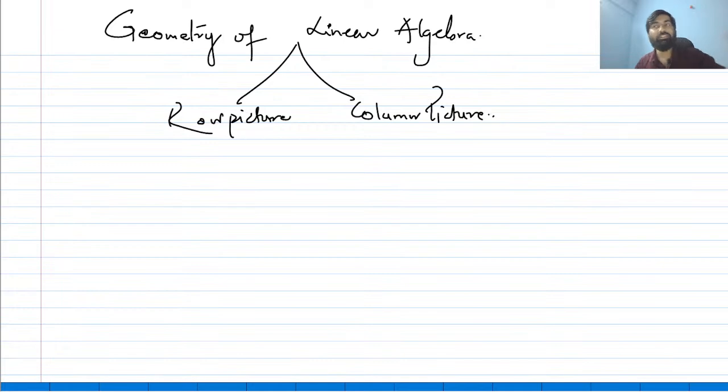Row picture means just plotting the equations of a straight line on an xy plane, right? Simple, if there are two equations and two unknowns. I think now it is clear for everyone, yeah.